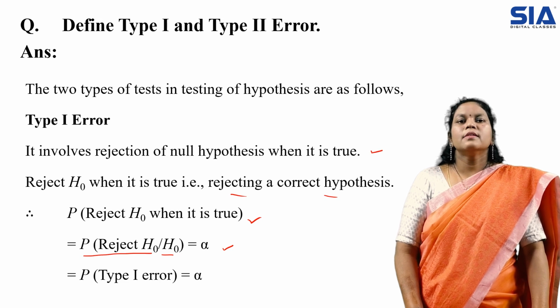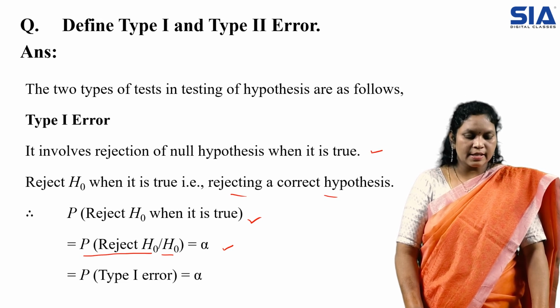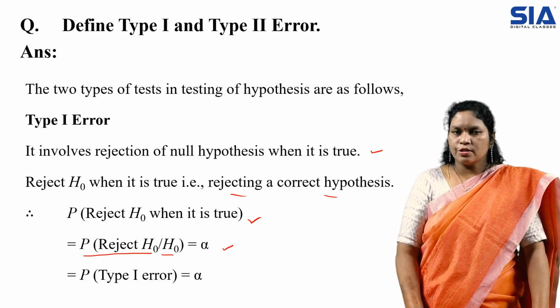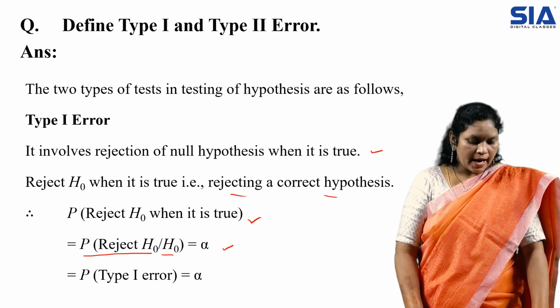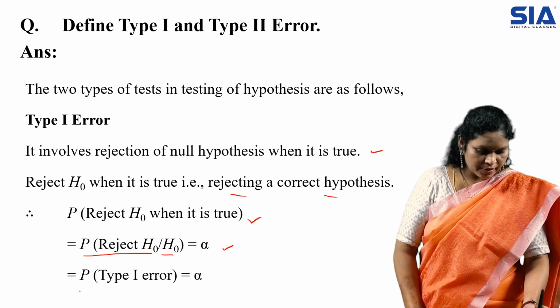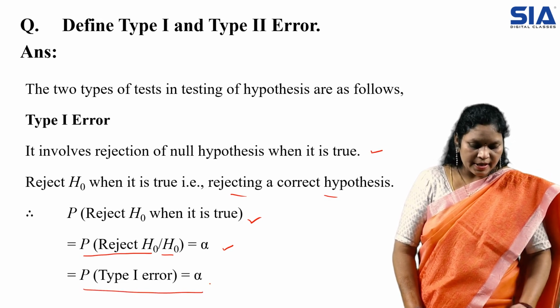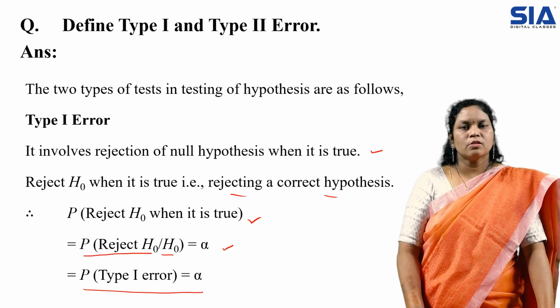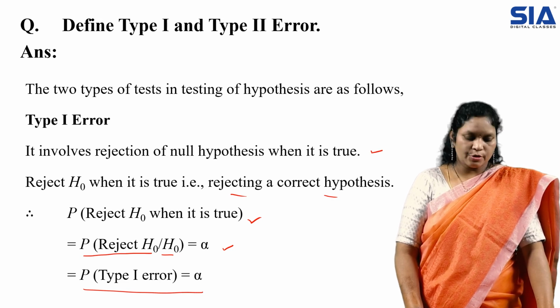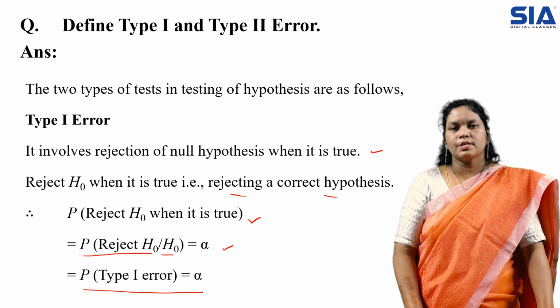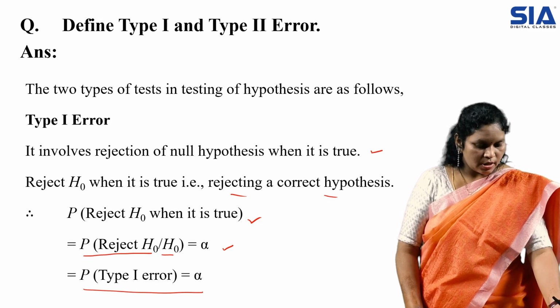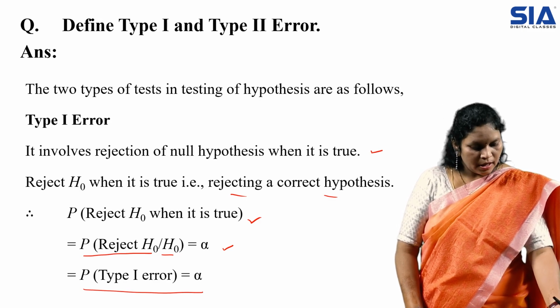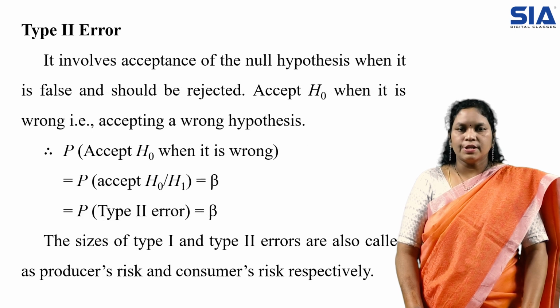Alpha is the critical region, and we consider it as the type 1 error. One more notation we can write: probability of type 1 error is equal to alpha. So this is your type 1 error, that is, rejecting a null hypothesis when it is true.